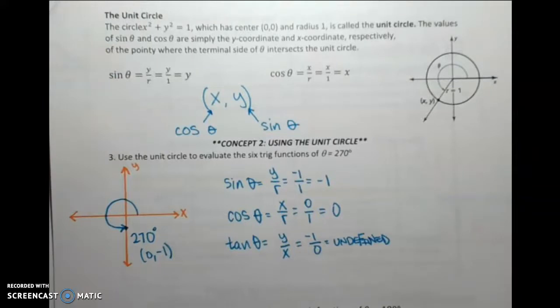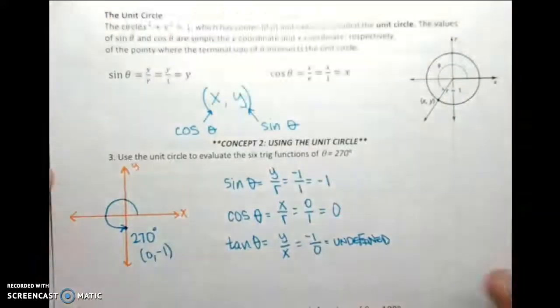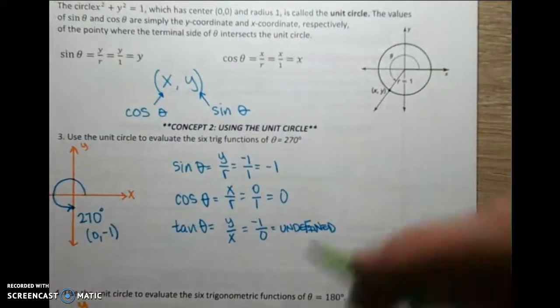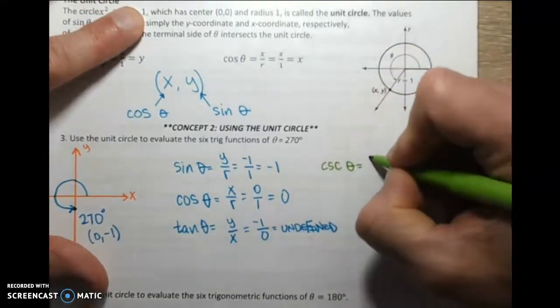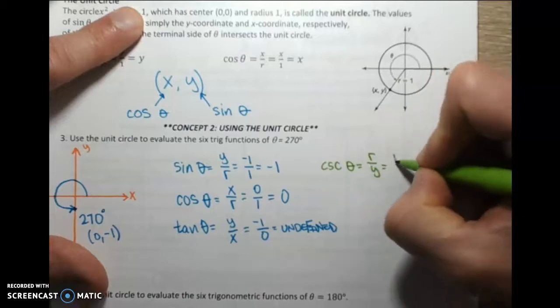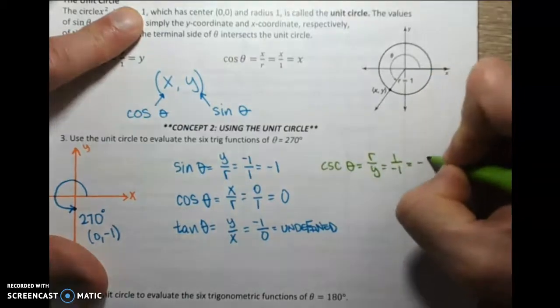Okay, I'm going to keep on going here. Just switch up the marker. Okay, and now I have cosecant theta is r over y, which is 1 over negative 1, which is negative 1.